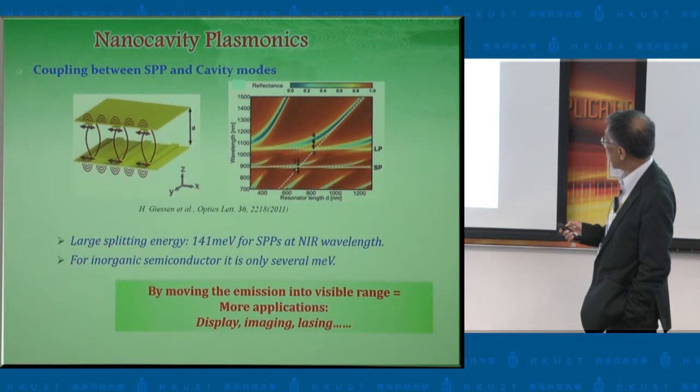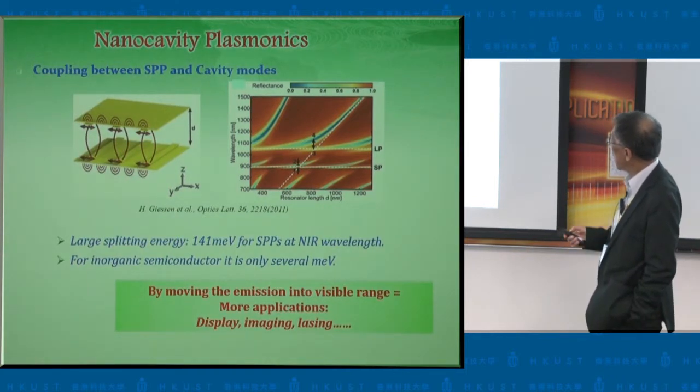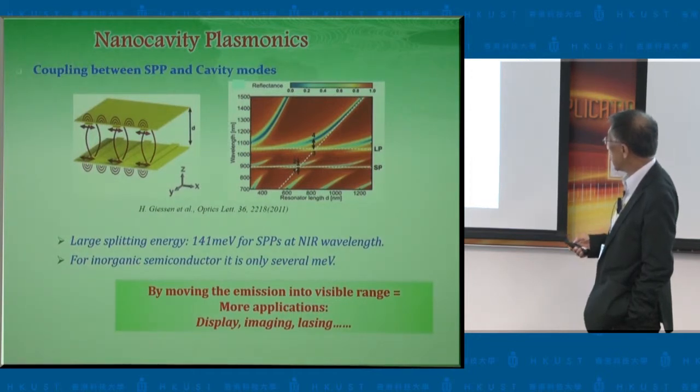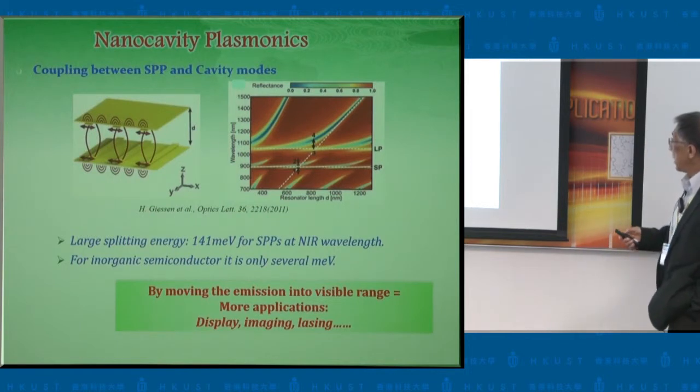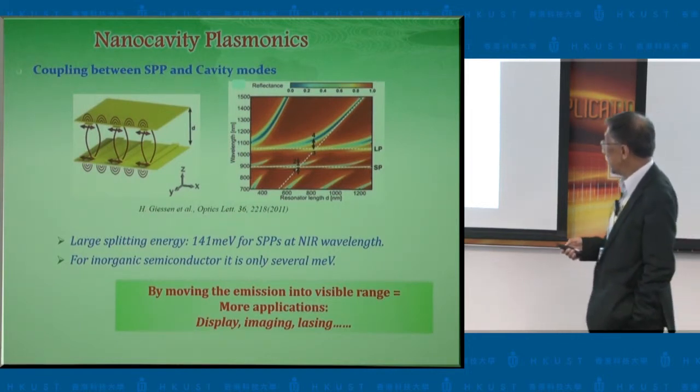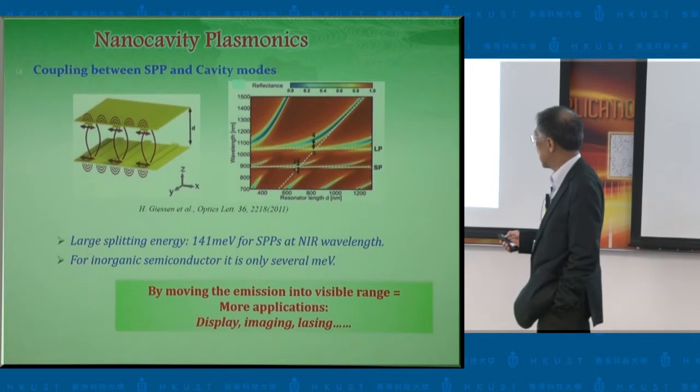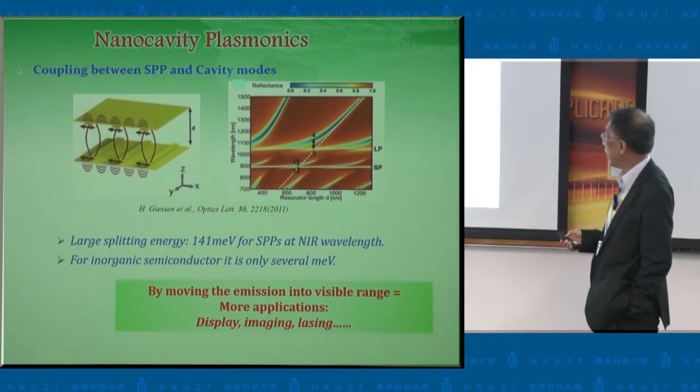Again, in this sort of coupling, which is depicted pictorially here, you could see that you can have a split. That split is quite large, particularly in the organic. For similar things in organic semiconductors, the split is normally only several meV, but for this one it could be very high, in the order of hundreds of meV, and that is quite interesting.